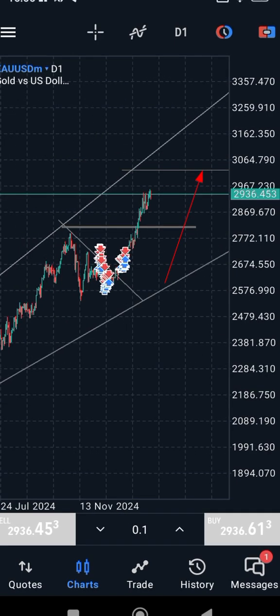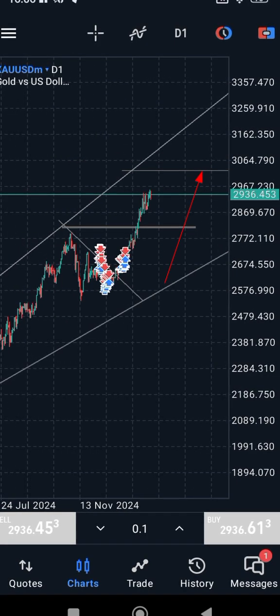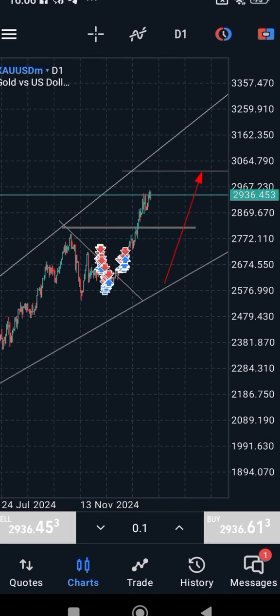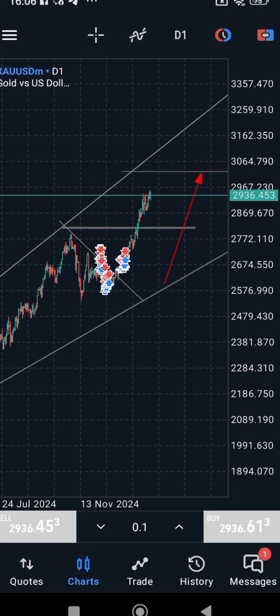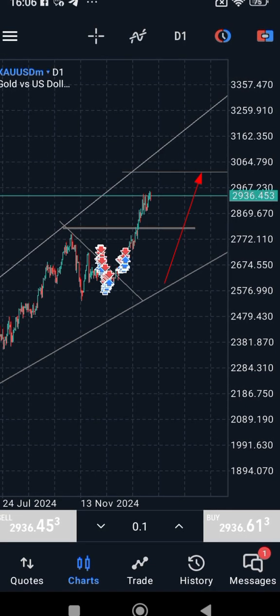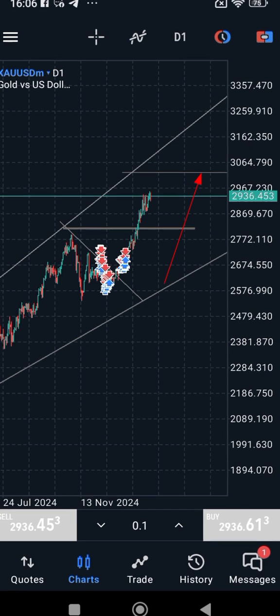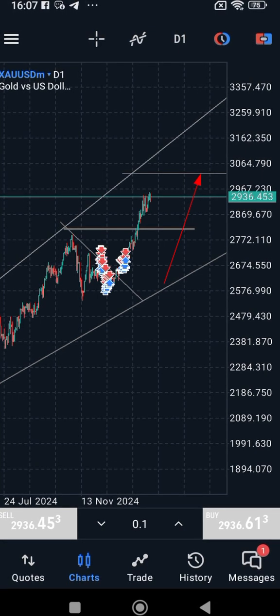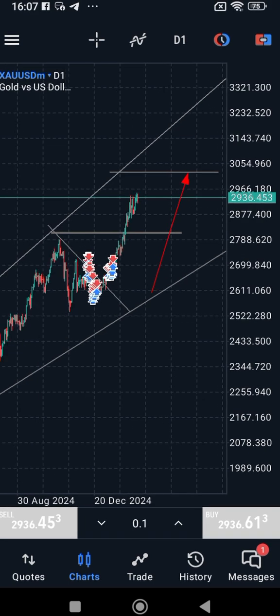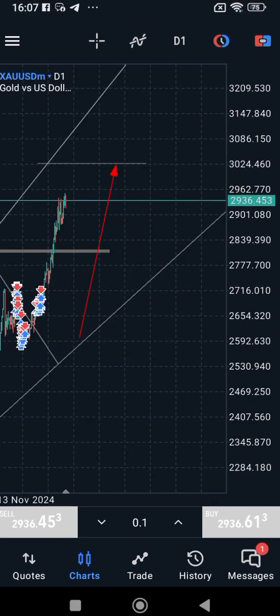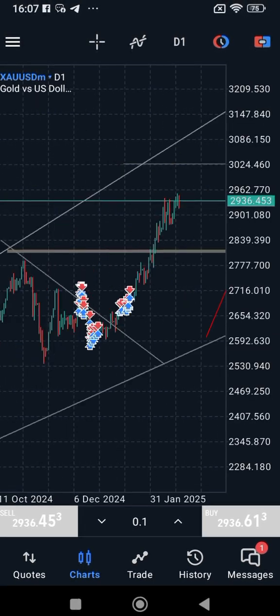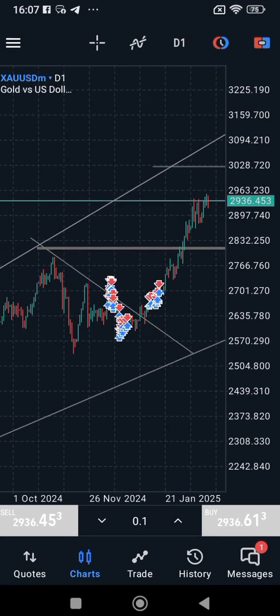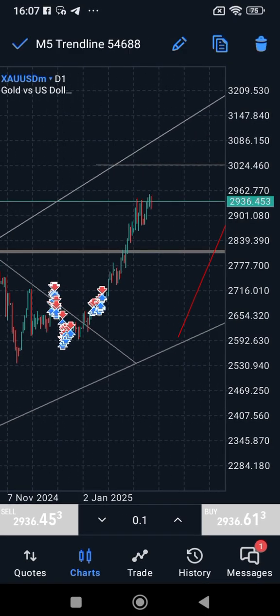If you see it very well, the zone I've mentioned here, this is a daily time frame. So gold is going to move to the 3000 area. This has already been broken, so we are expecting the 3000 area.